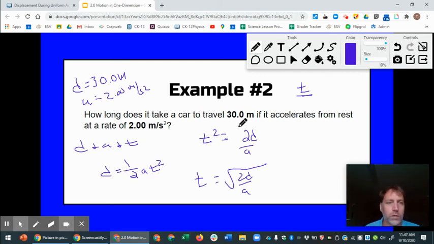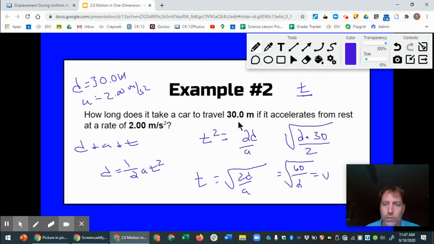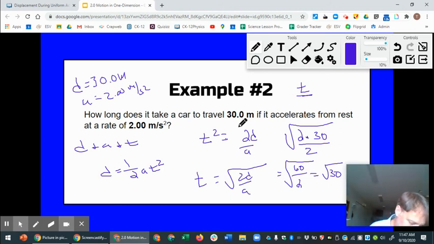We just have to plug and chug here, right? So we're going to do the square root of 2 times 30 divided by 2. That's going to equal 60 divided by 2, and the square root of that equals the square root of 30. The square root of 30 on my calculator is 5.48.